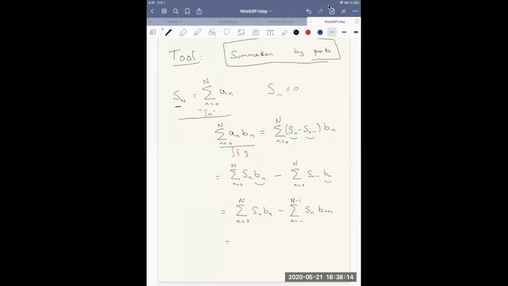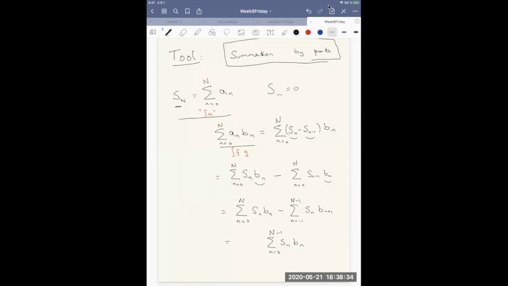And then we examine these terms. First of all, terms that are included in both of these are terms from n equals 0 to capital N minus 1, S_n (b_n minus b_{n+1}).